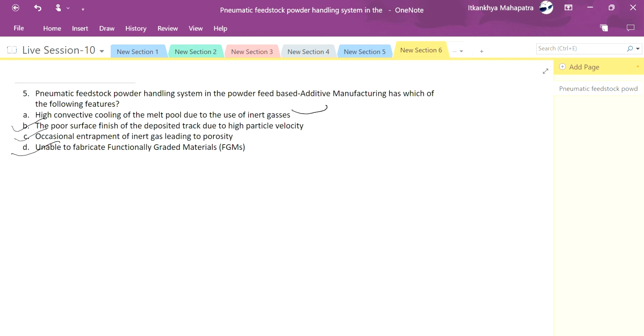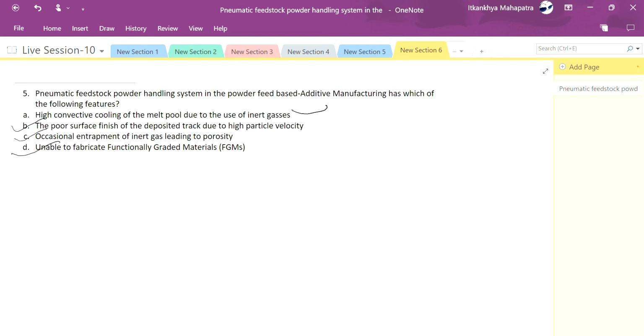Now for this, what happens is in the powder feed handling system of pneumatic feedstock, we have poor surface finish on the deposited track due to high particle velocity.